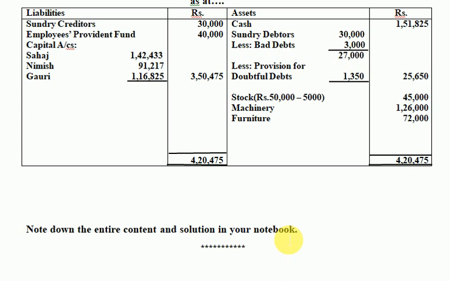This almost covers the entire content of a chapter. Now it's your duty to practice as many questions as you can from the examples given in the book as well as your exercise questions.